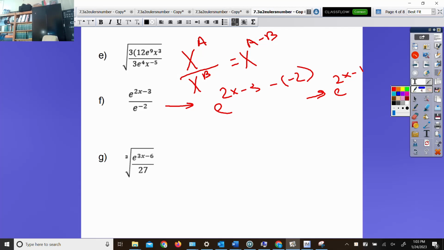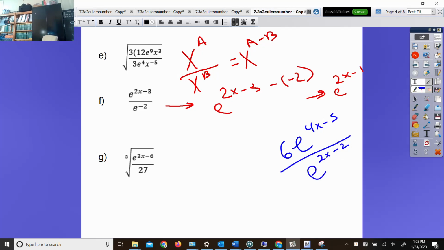All right, here's one that's not in your notes then. 6e to the 4x minus 5, sitting over e to the 2x minus 2.